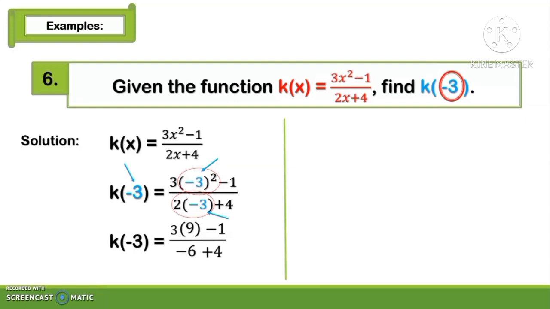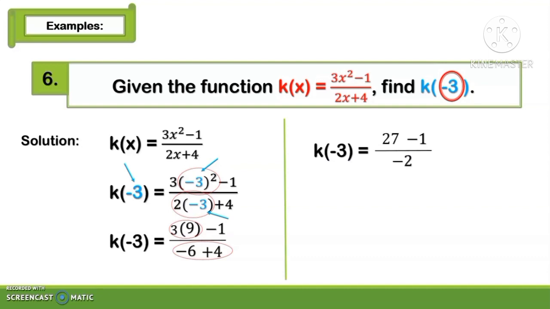Then, bring down positive 4. Next, copy k of negative 3 equals, yung nasa taas muna ulit ang ating isimplify. 3 times 9 will give us 27. And then, bring down again negative 1. Yung nasa baba, negative 6 plus 4 will give us negative 2.